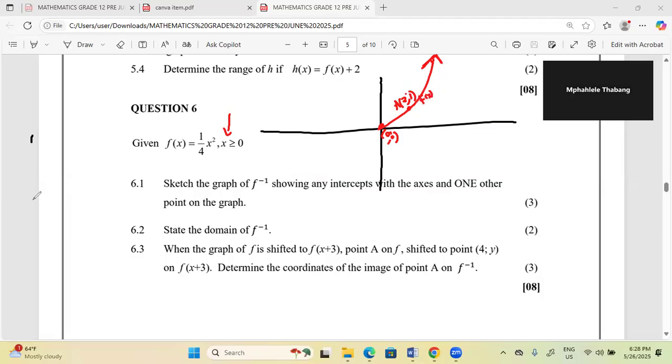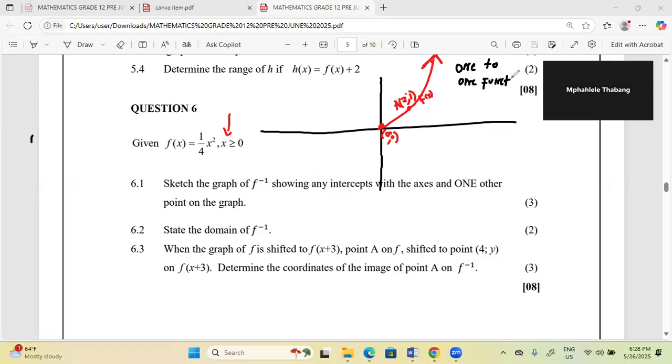Now the question is, how do I sketch the inverse? Or why do we normally restrict the function? Before I even answer 6.1, why was the function f of x restricted? The function f of x is restricted so that it can become a one-to-one function.